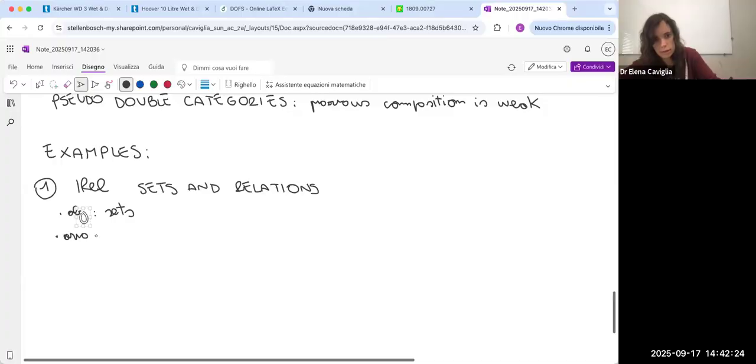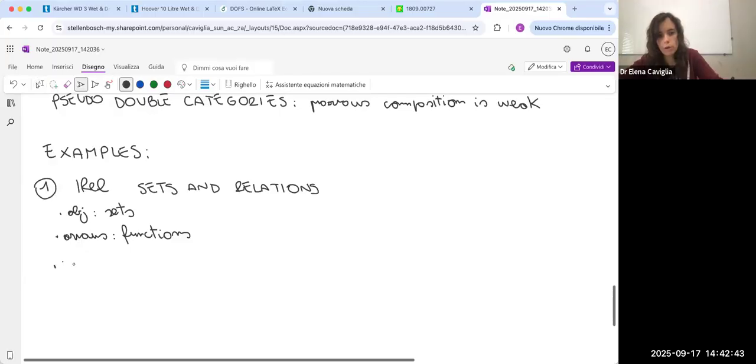Our arrows are functions between sets. So this means that Rel 0, the object part, is precisely Set, the category of sets and functions.